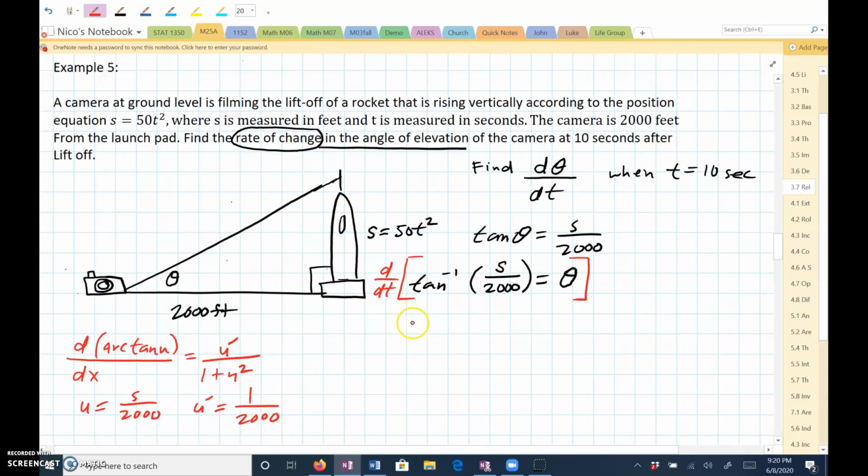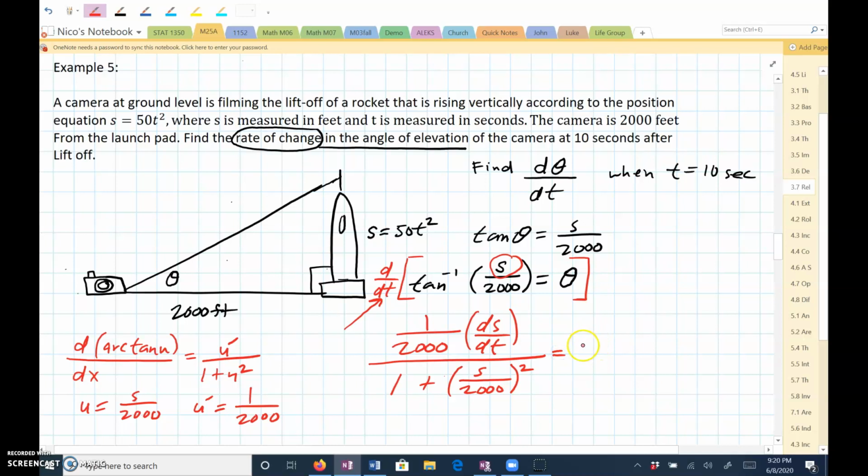So I'm going to have 1 over 2,000, and since I'm taking the derivative of s with respect to t, I multiply this by ds dt, all over 1 plus u squared, so s over 2,000 squared, equals the derivative of theta with respect to time.